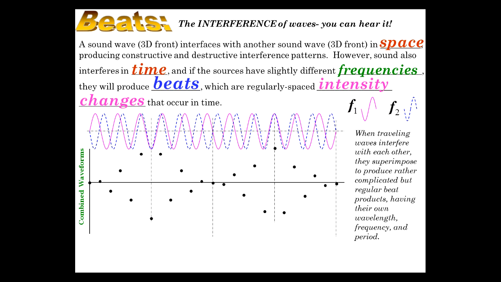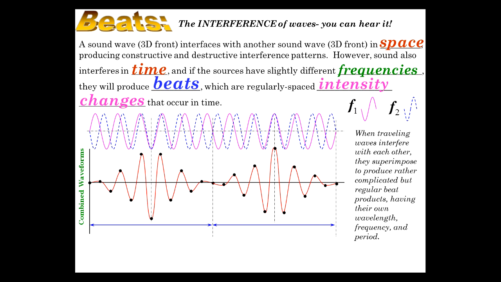And when you do it completely over the whole thing, it produces a pattern that looks like this. There it is. Isn't that cool? All right, so that's how they superimpose on each other.